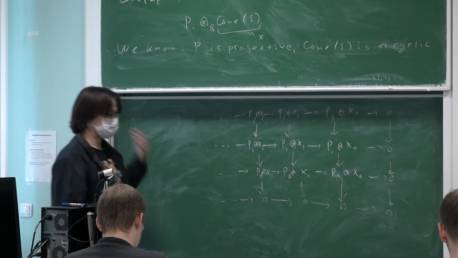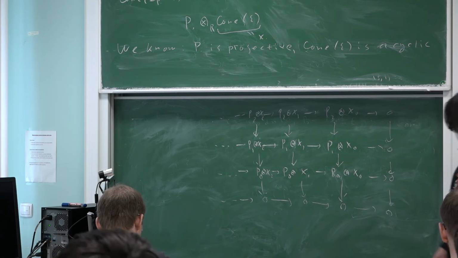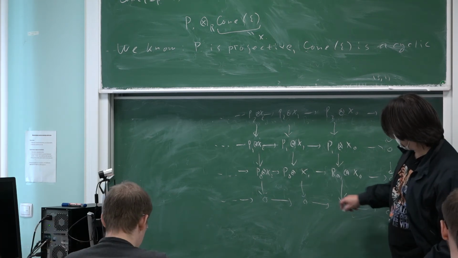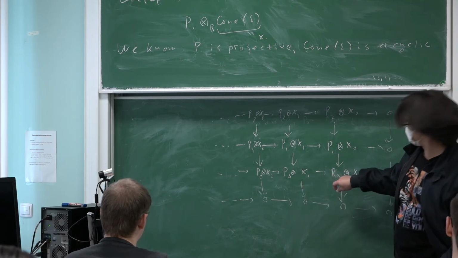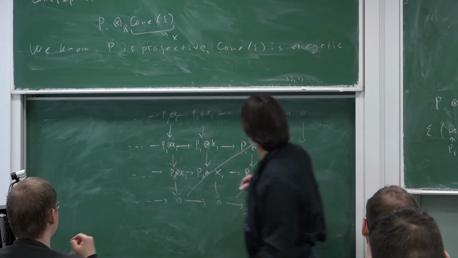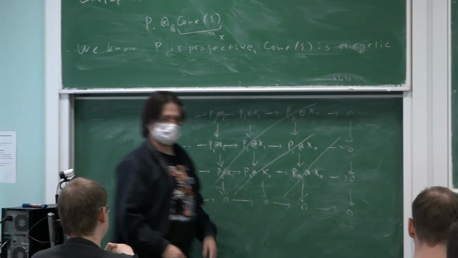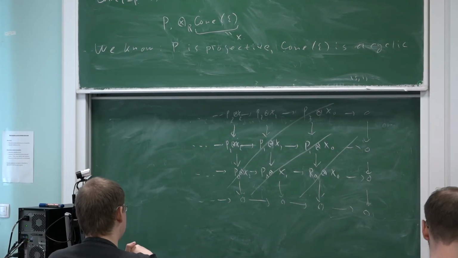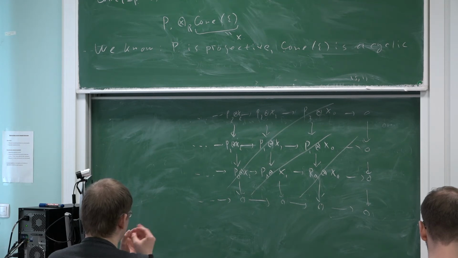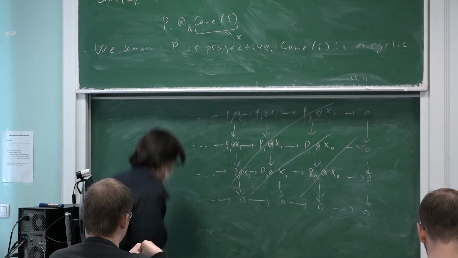So when we make the total complex at some degree, we use only a finite number of P's. Like here we use only P0, here only P0 and P1, here P0, P1 and P2, and so on. And if we are interested in the nth degree, the result will not change if we take only a part of the complex.